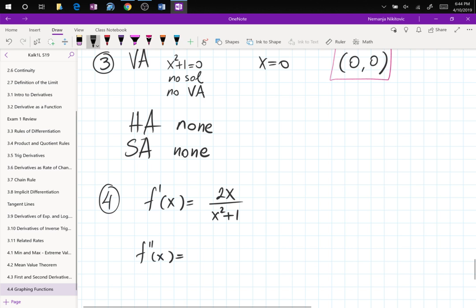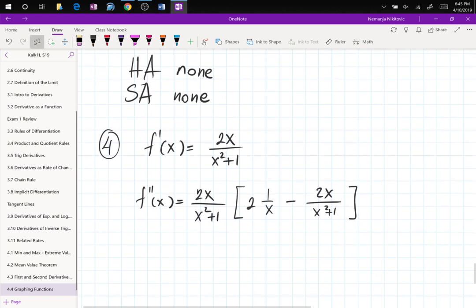Or you can do the logarithmic differentiation because that will even do better. 2x over x squared plus 1. And then the second part over here, in the numerator we just have a 2, and then 1 over x, and then minus the denominator, which would be x squared plus 1, with a 2x on top. So these are my two derivatives.